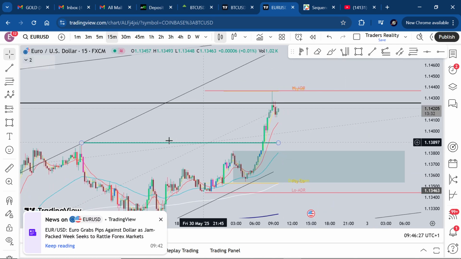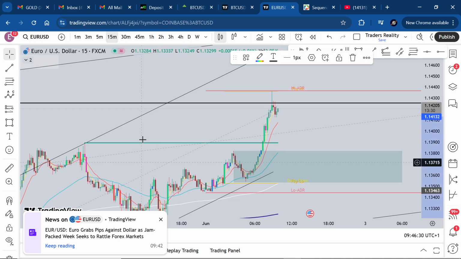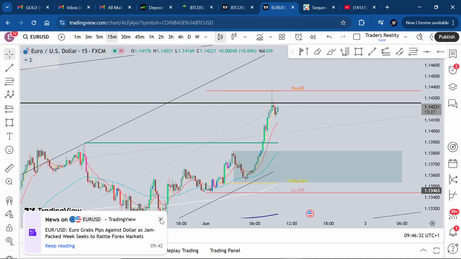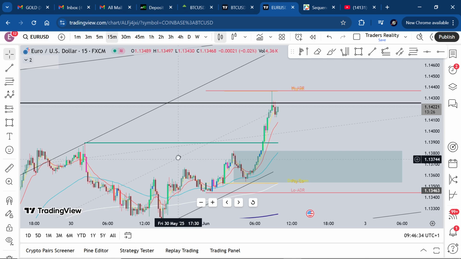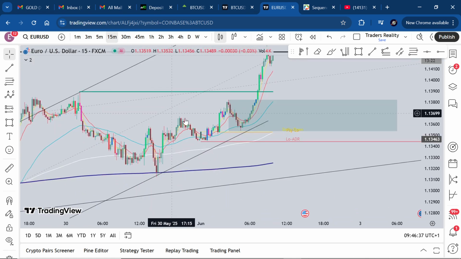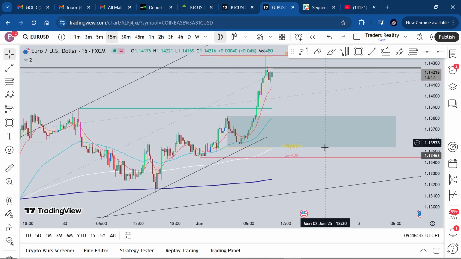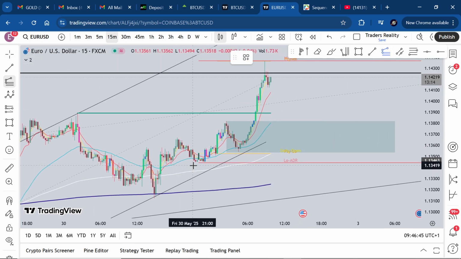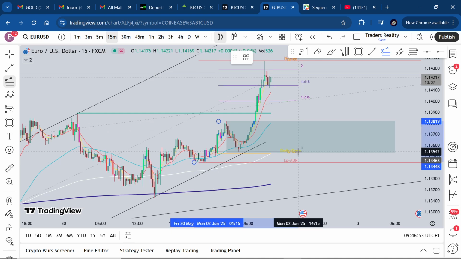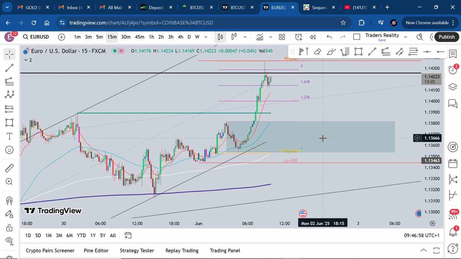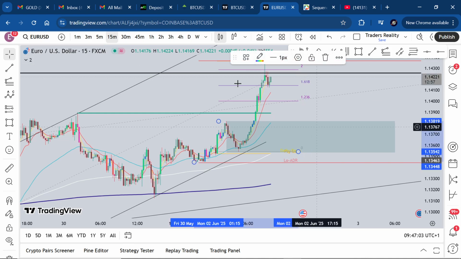So currently, if I were to count from where we are now, I would get 1, 2, 1, 2, 3. I'm going to put the Fibonacci extension on the most recent 1, 2. And you can see we've hit the 1.618 level and above.